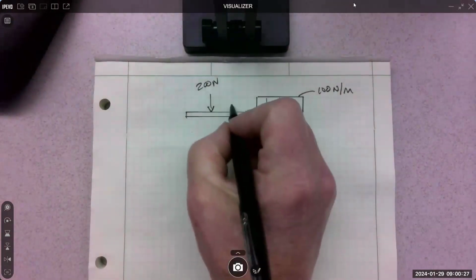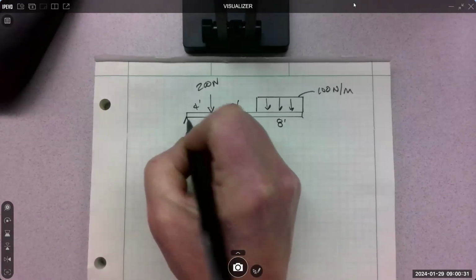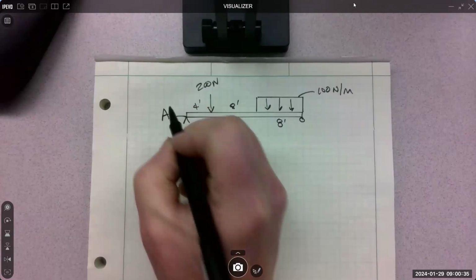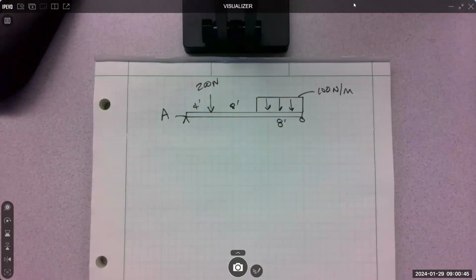And I'll give ourselves some distances here. And I'll call this point A. So this problem might say find the resultant with respect to point A. Same kind of problem. We got to find the resultant. We got to move everything to A, right?